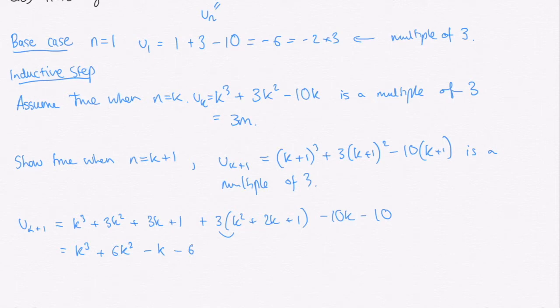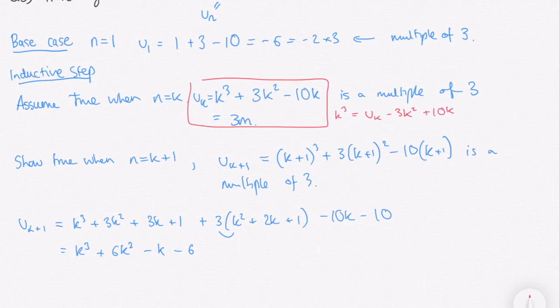And now we want to use our inductive hypothesis. So now we want to take what it is that we have assumed, this assumption here, and make a substitution into this. There are lots of different ways we can do this, but I'm going to make k cubed the subject. So k cubed is equal to u_k, subtract 3k squared, add 10k.